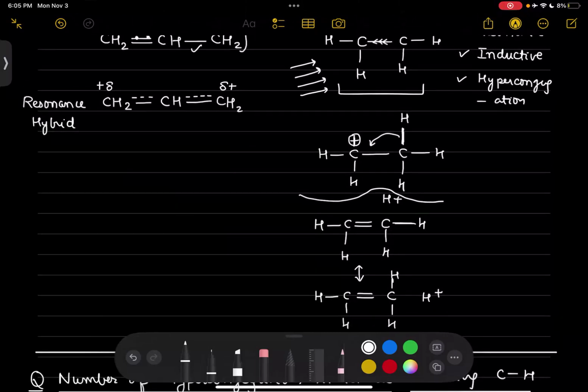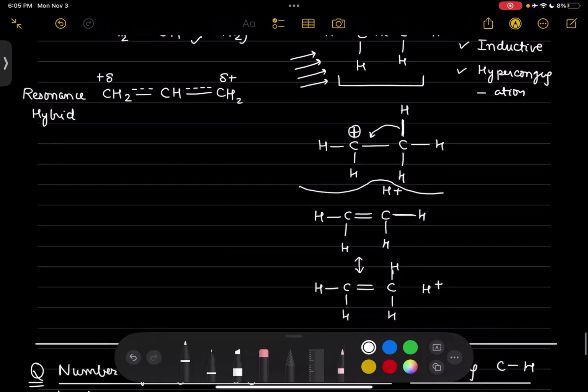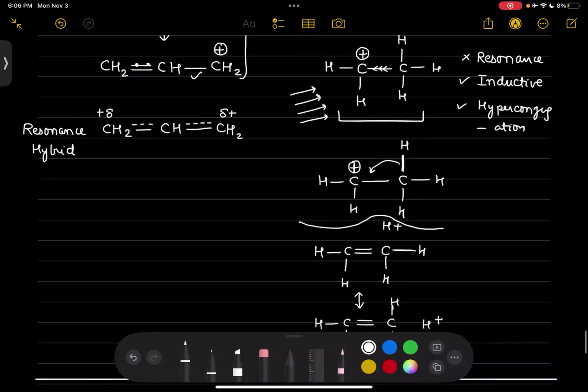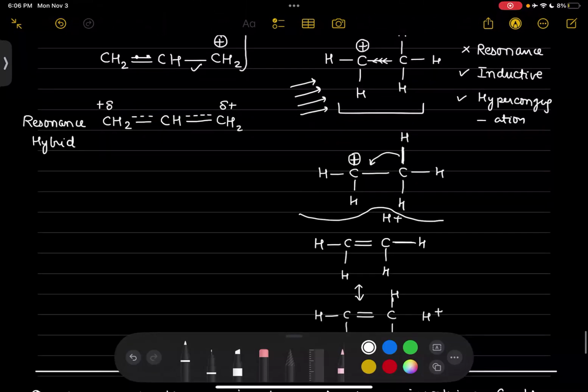I am asking how many CH bonds participated in hyperconjugation in the above structure, the previous problem. How many CH bonds can you see participating with the cation? 5.